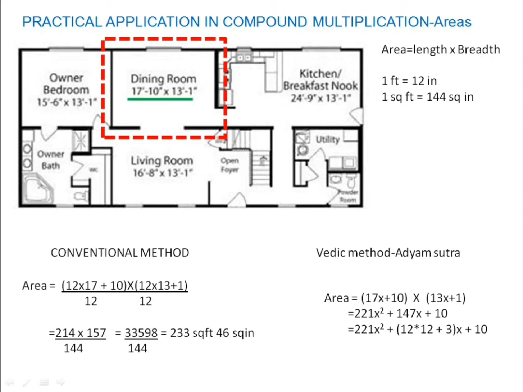We convert everything into feet here, so you get 12 whole feet, and this 12 will be added to this 221. So we have totally 221 plus 12, 233 square feet. And what about the remaining? Now you have 3x here, that is 3 feet inch. You convert it into inches, since you can't convert it into complete feet: 3 into 12 is 36, plus 10, which gives you 46 square inches.